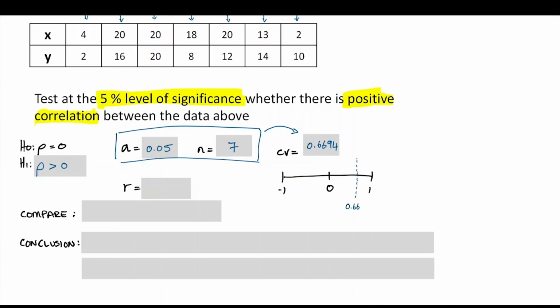So, on a diagram, and the diagram would always help. The diagram is useful in every single hypothesis test that you do. We've set our boundary, 0.6694. If our calculated value is inside this shaded region, we have evidence to reject H0.